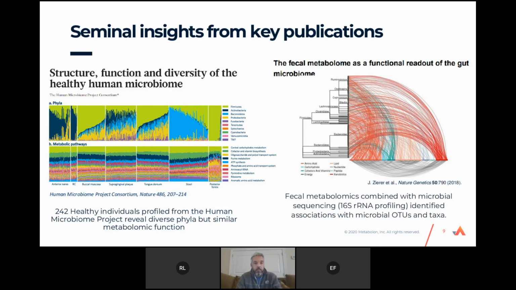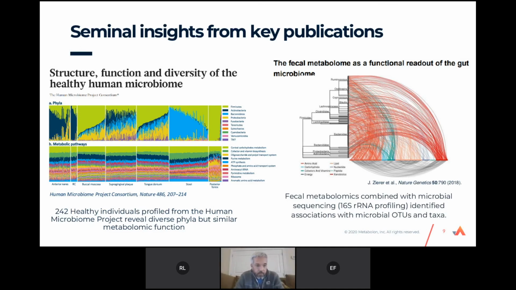A couple other key papers shown here again emphasize the applicability of metabolomics and the fact that other omics alone may not tell the full story. The one on the left here, published in Nature, was looking at the structure, function, and diversity of a healthy human microbiome. On the top here, you see the different phyla, the different species. It's hard to see, but you have all the different bacterial species in the different colors.